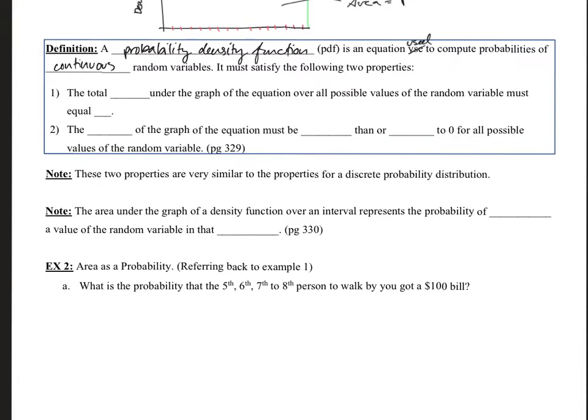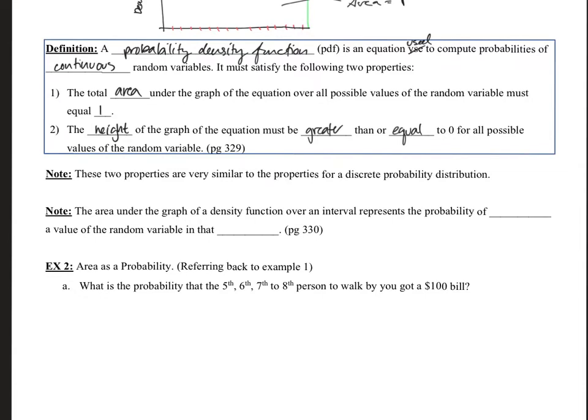It must satisfy the two properties. The total area under the graph of the equation over all possible values of the random variable must equal 1, and the height of the graph of the equation must be greater than or equal to 0 for all of the possible values of the random variable.